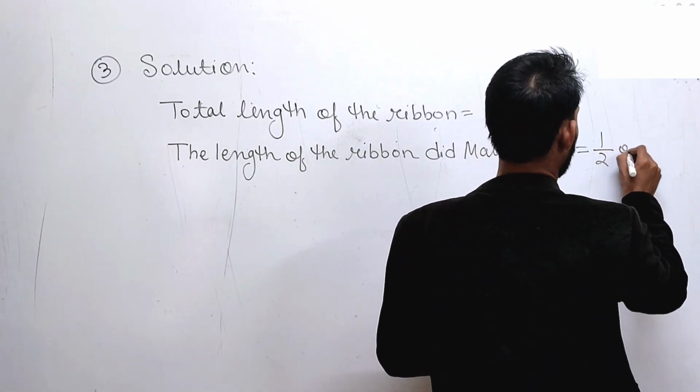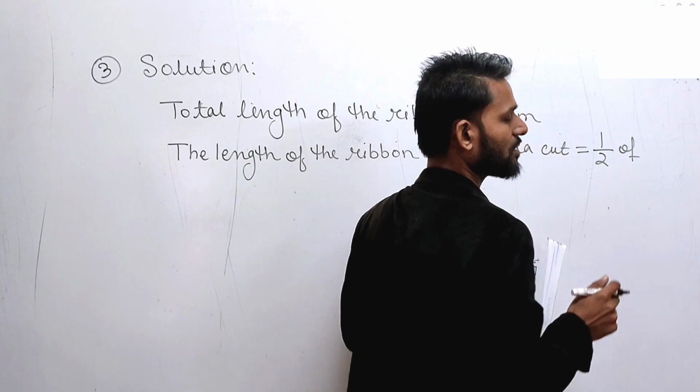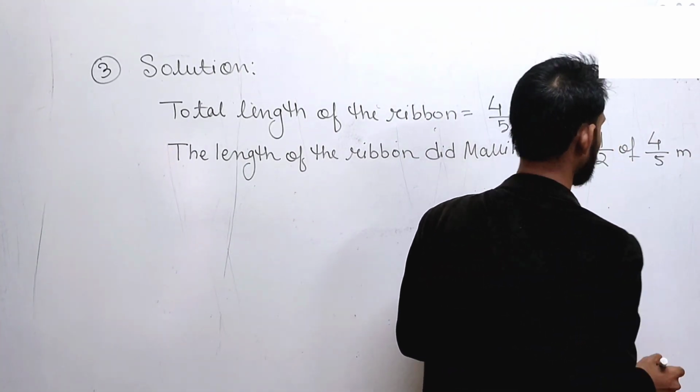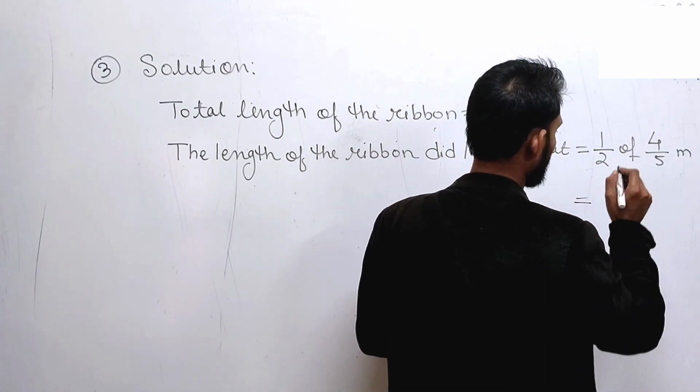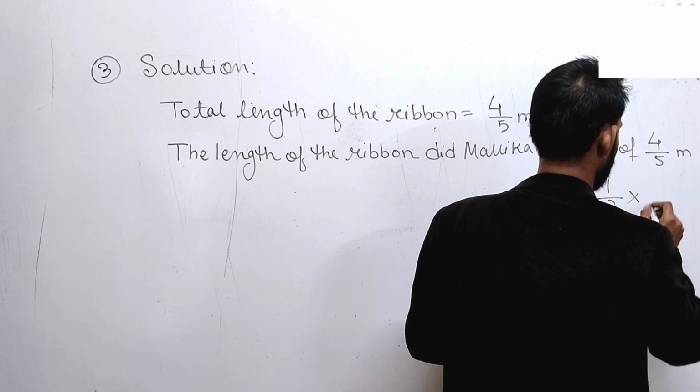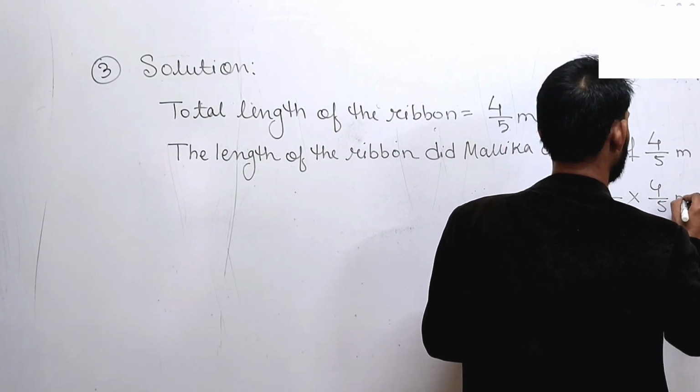Half of the total length of the ribbon, that is 4 by 5 meter. Clear? Which is equal to half of, which means multiply, 4 by 5 meter.